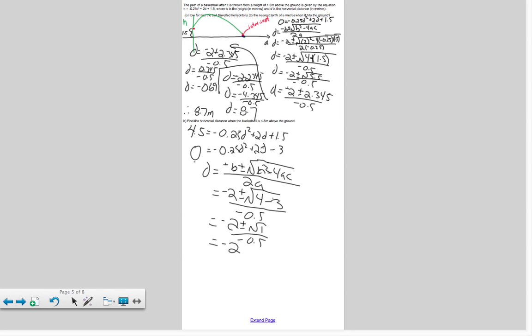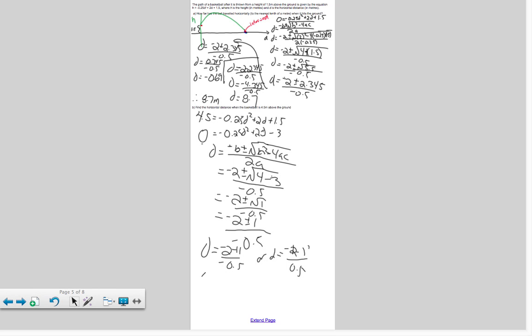Okay, anyways, let's go on. So for negative 2 plus or minus 1, divide by negative 0.5. Both answers are still negative. So here D is equal to negative 2 plus 1 divided by negative 0.5, or D is equal to negative 2 minus 1 over negative 0.5.